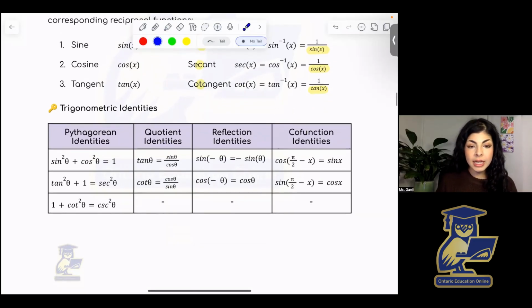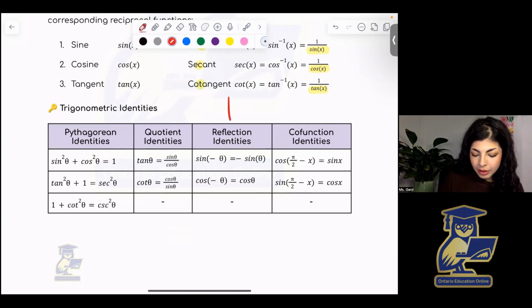Our reflection identities come from the relationship between sine and cosine functions. So the sine of the negative of an angle is just the negative of the sine of that angle itself. So the negative doesn't really make a difference for us there. And consider the shape of our sine function, which is as follows, and this is two cycles of it.